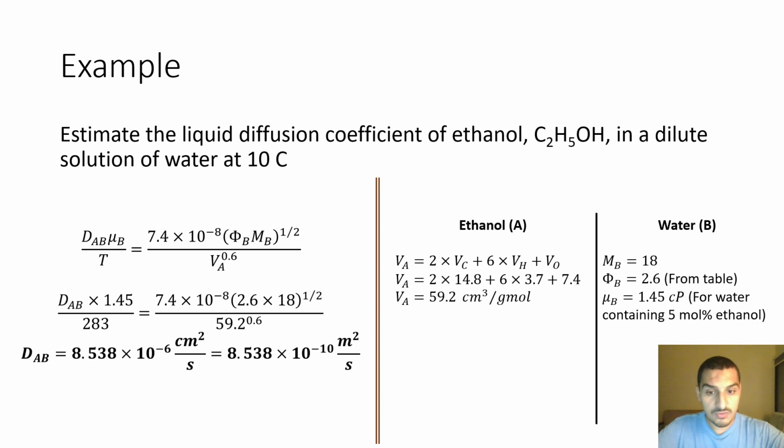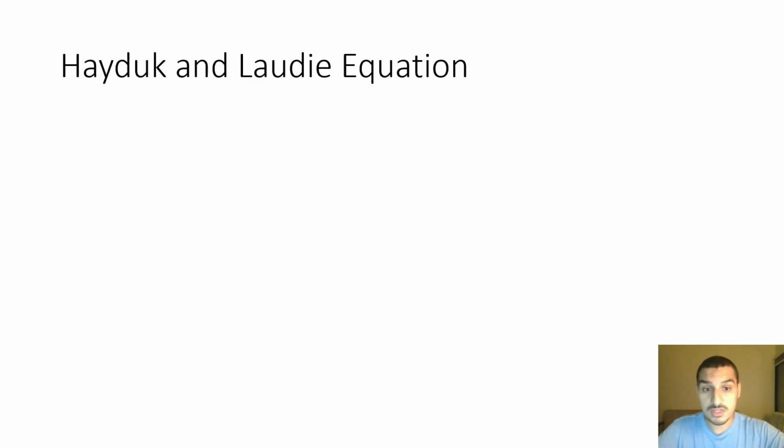We mentioned that for the liquid phase, it's going to be from 10 to the minus 6 to 10 to the minus 10, so this is falling within the range. This is a good thing to check about the values that you calculate. In the next video we will talk about other equations that we can use to calculate the diffusion coefficient. So I'll see you then.